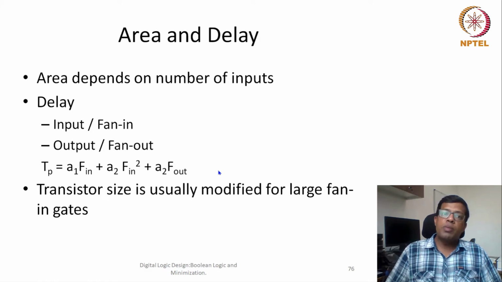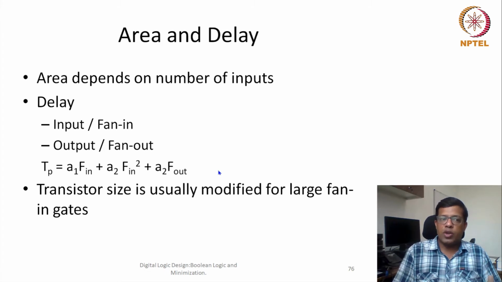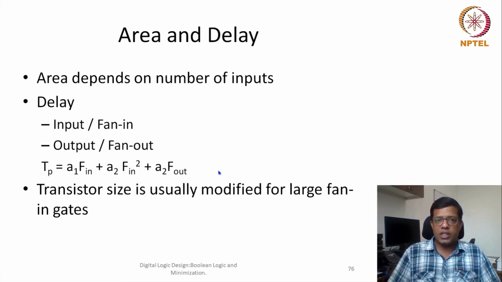Let's say two important metrics for hardware cost are area and delay. What is area? It is how much silicon we are going to consume when we implement a particular expression. And delay is the end-to-end delay. Let's say all the inputs are available; when the output is available, that would tell us the delay.